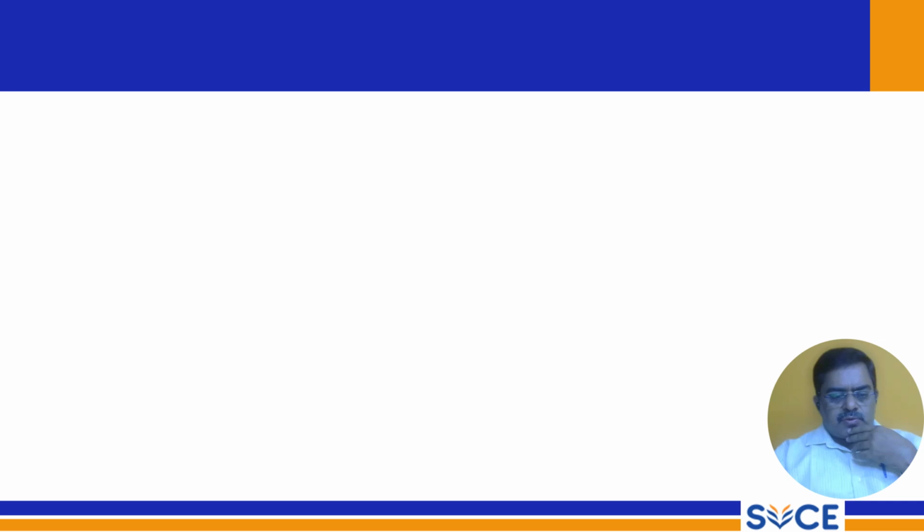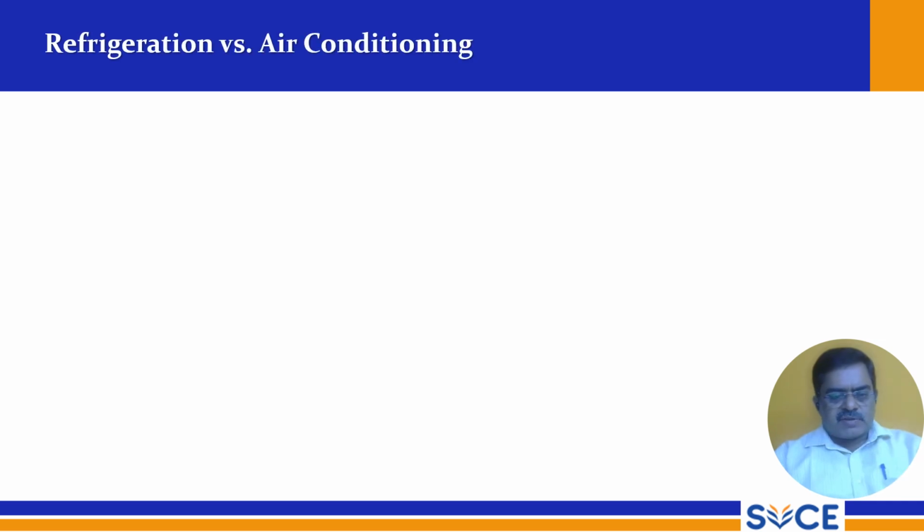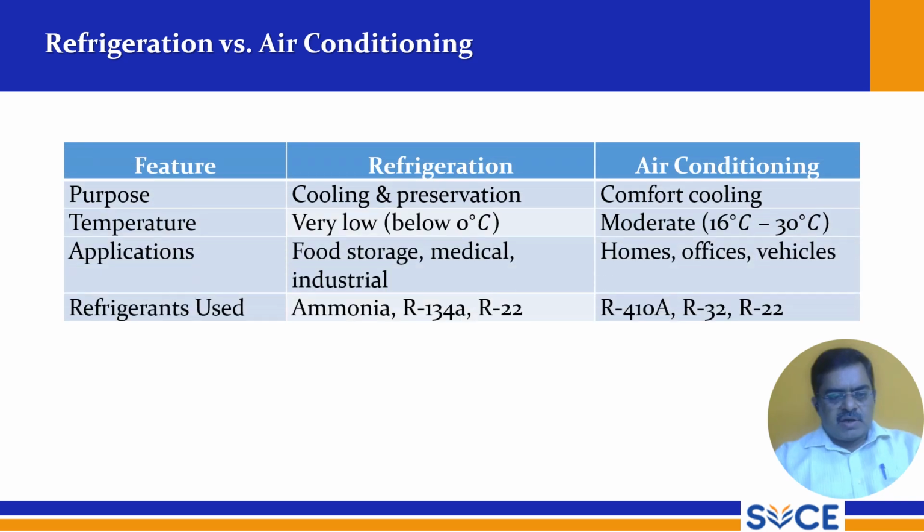So coming to refrigeration versus air conditioning, I have made a brief comparison here. The purpose: cooling and preservation for refrigeration, and comfort cooling for air conditioning. Temperature: very low, below 0 degrees Celsius, whereas it is moderate, 16 to 30.